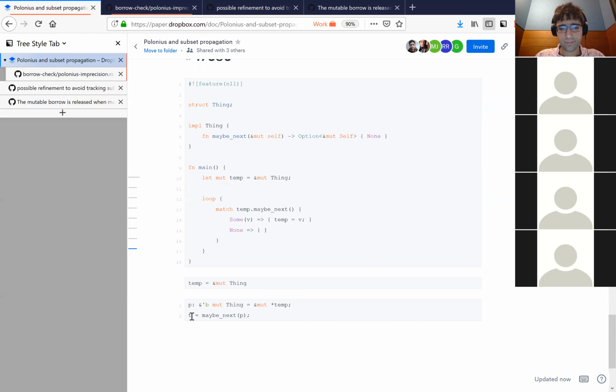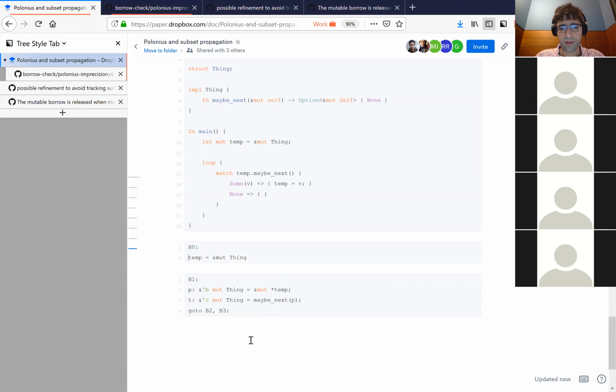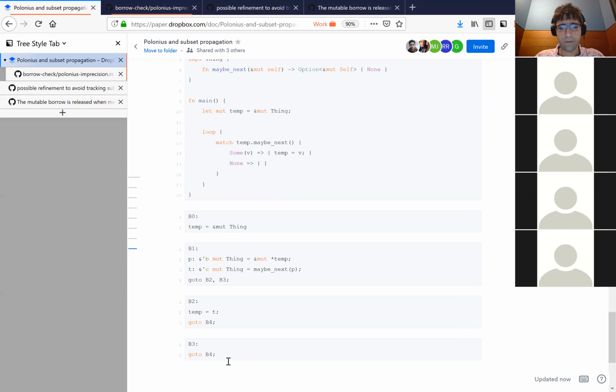It's kind of interesting. This is a mildly simplified control flow graph for what happens up here. In particular, I elided the whole matching, so the whole option logic essentially goes away, but it's not really relevant.